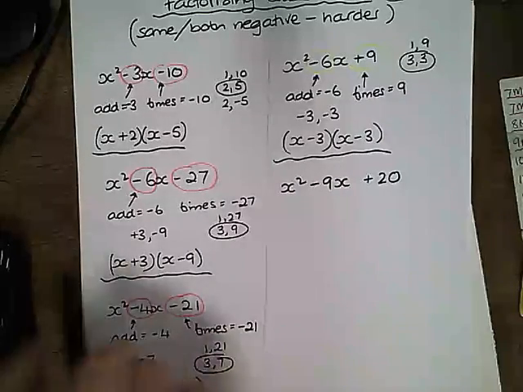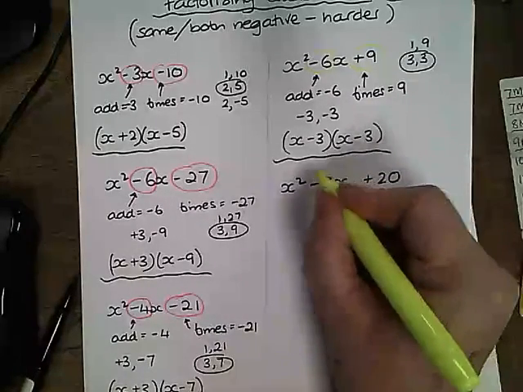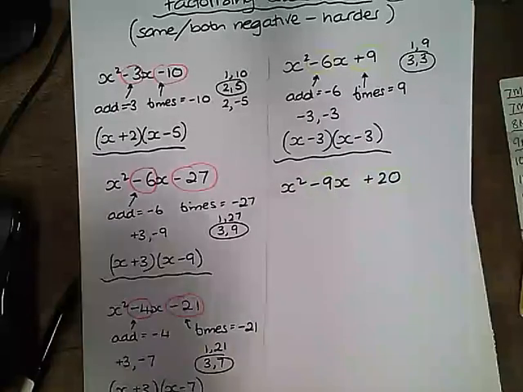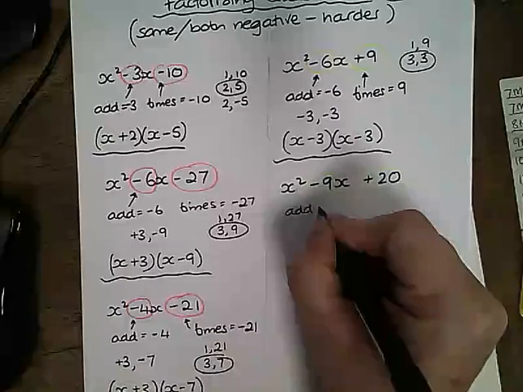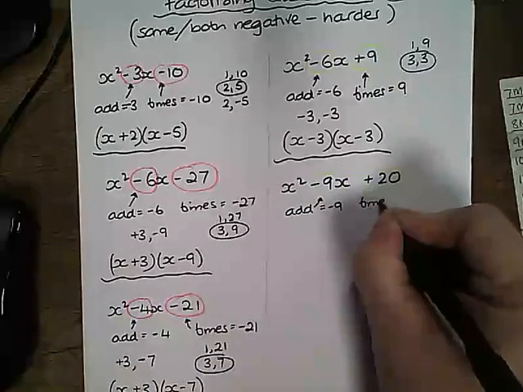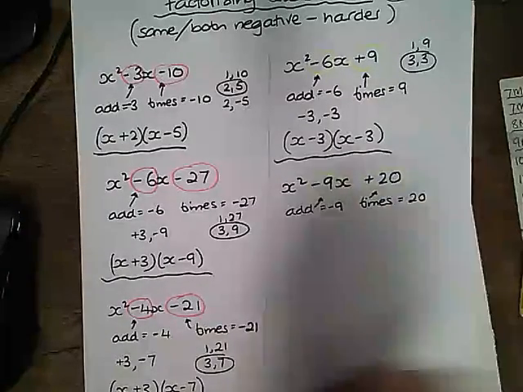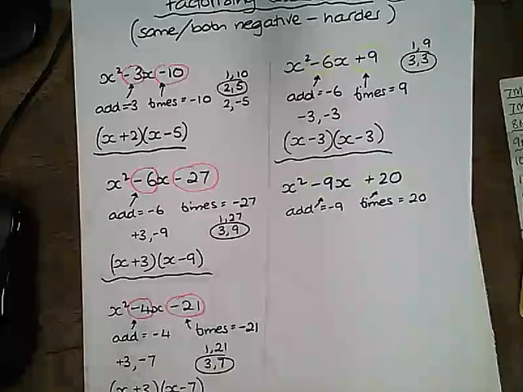So they have got to add to give minus 9 and times to give positive 20. And every time I do a question like this, I always write down add and times, and it really focuses what you're going to do with the numbers.